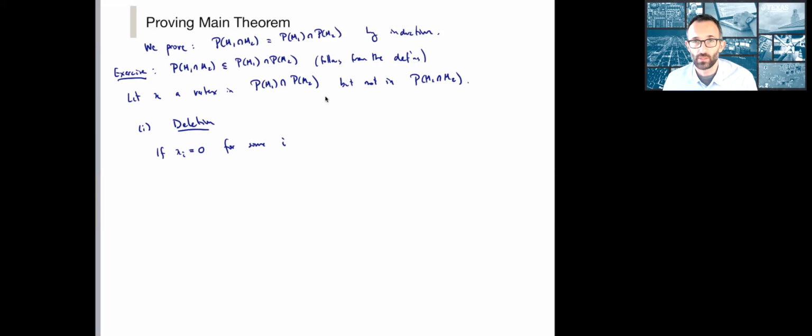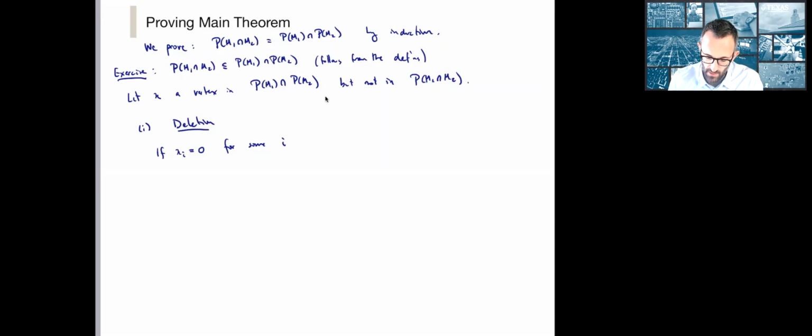So it's natural to think that we're going to use deletion, because any convex combination should be a convex combination of independent sets that don't use element i. So we could just delete it, and all the other constraints should be satisfied, and then be able to appeal to induction. So let's see the details, but this is how we should be thinking now, having been through a number of lectures on matroids.